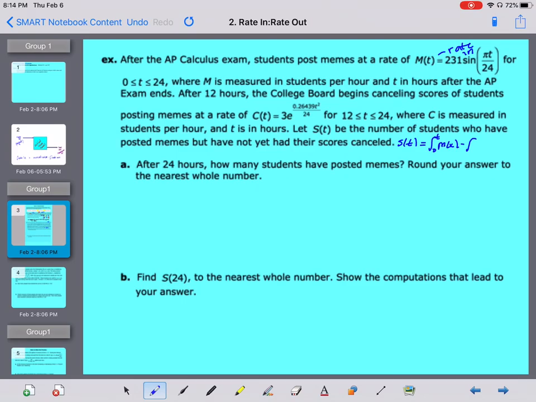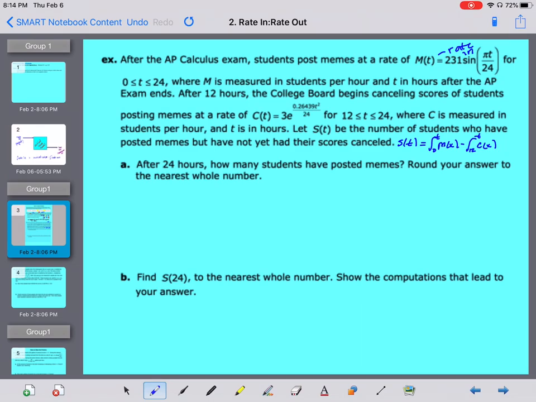So our start time for scores being canceled is 12 to t of C of x. It's a very generic, quickly written equation that represents that we have the memes being posted, so we're adding in, and then we're subtracting out anybody who's had their score canceled to get an overall number of students who've posted but have not had canceled scores.